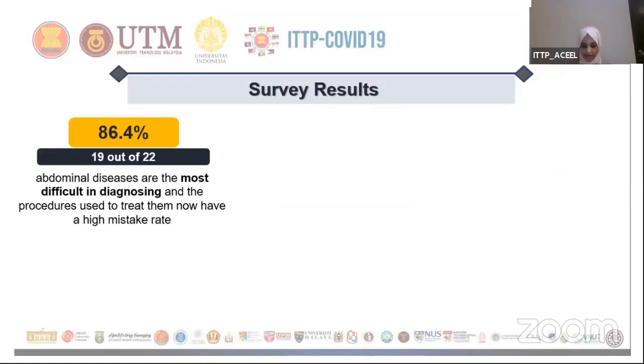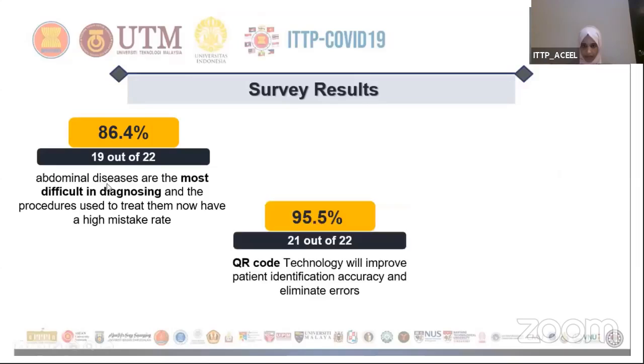So 19 out of 22 of them believe that abdominal diseases are the most difficult diseases to diagnose. And 21 of them believe that QR code technology will improve the patient identification accuracy and eliminate errors.